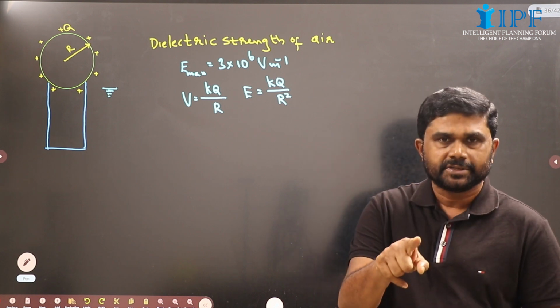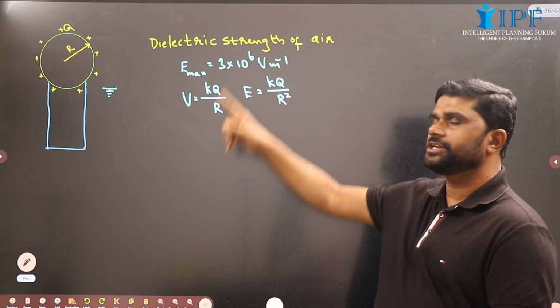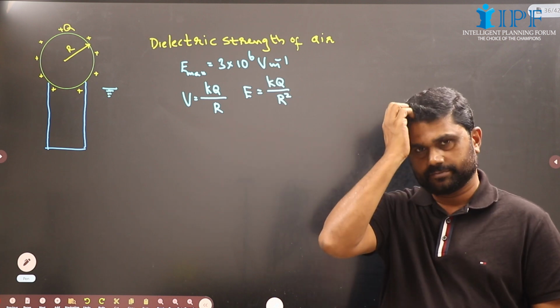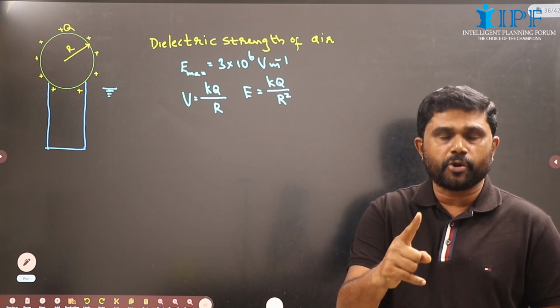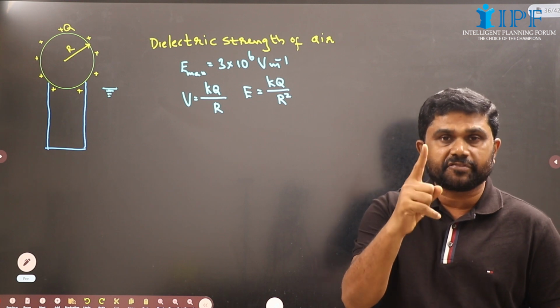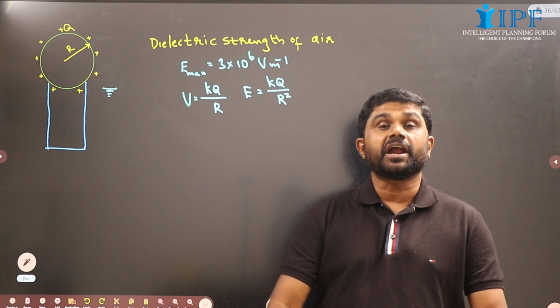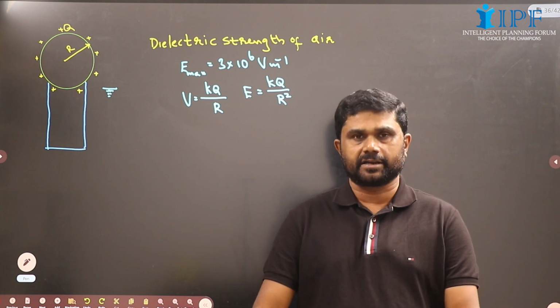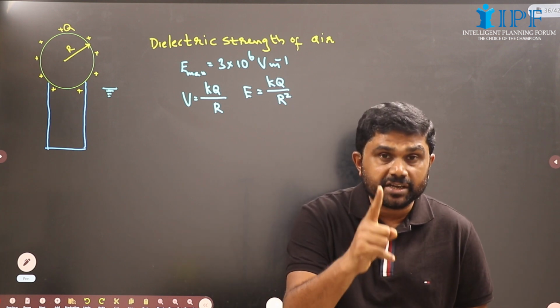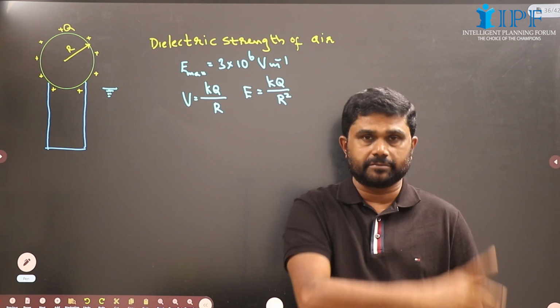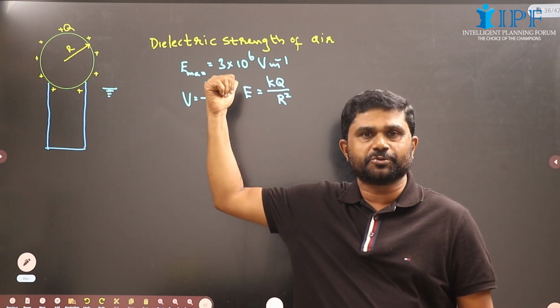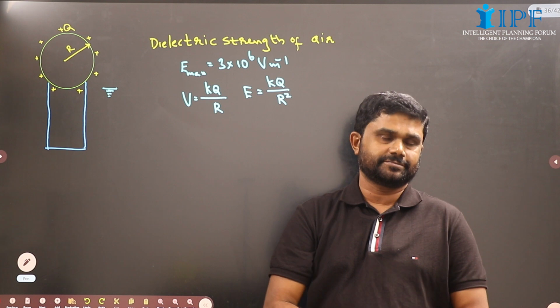For air, it is 3 into 10 raised to 6 volt meter raised minus 1. What does it mean? As long as the intensity of electric field acting in air is less than this value, it will remain as dielectric. But whenever the intensity of electric field acting in air exceeds this value, it will start conducting.